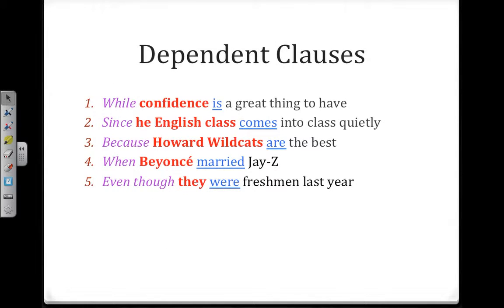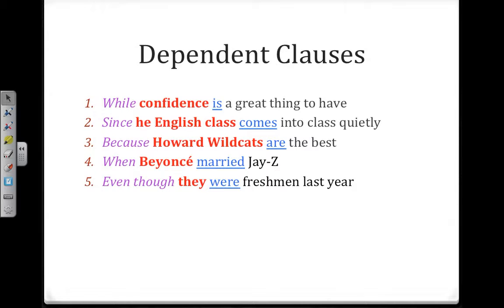So now what I've done is I've taken those independent clauses that we saw earlier, and I've simply added one of those subordinating conjunctions to the front, and now we see what once was an independent clause that can function as a sentence on its own now depends on more information to be a complete thought. These can no longer be sentences by themselves.